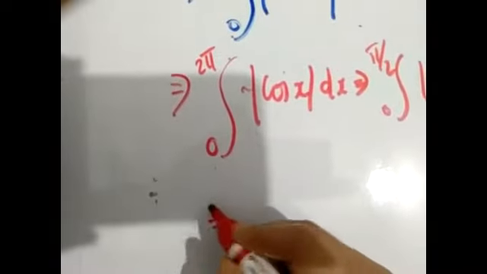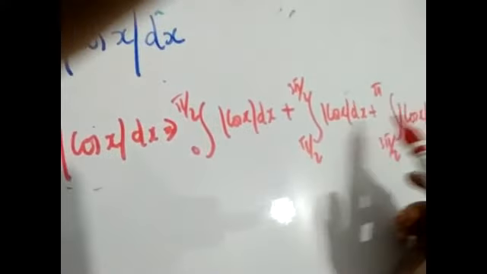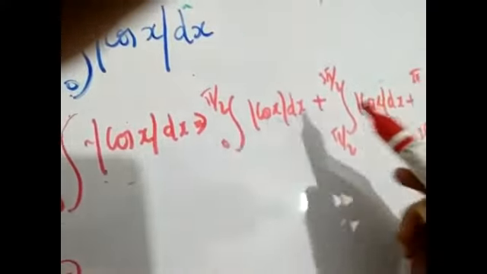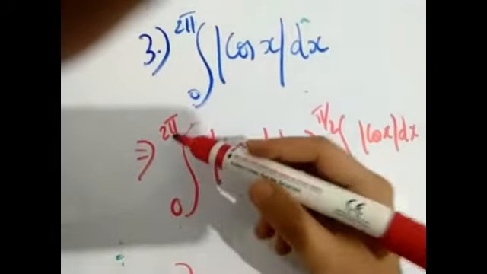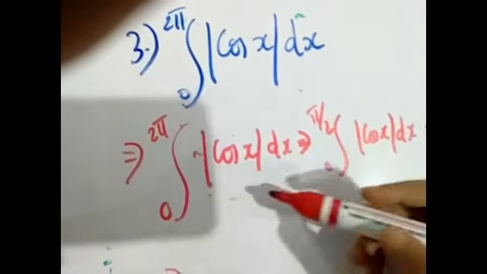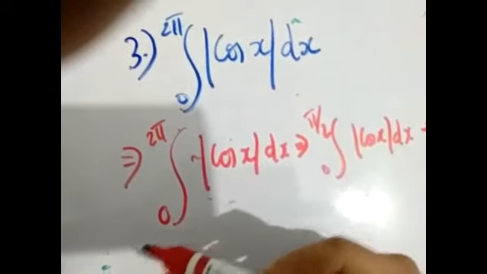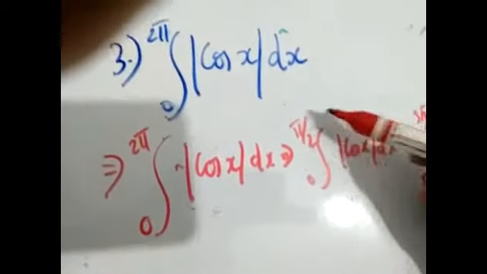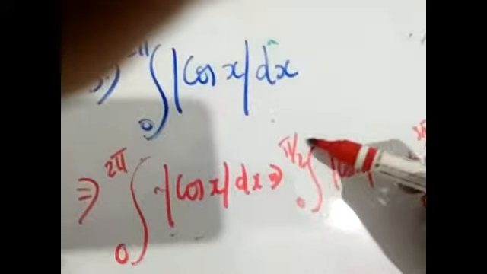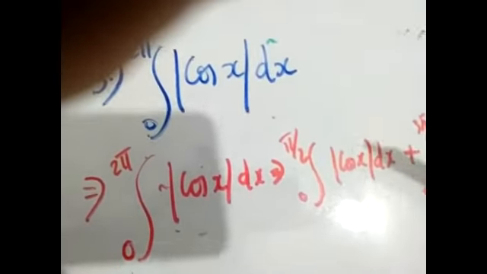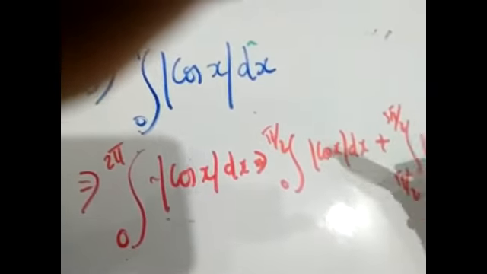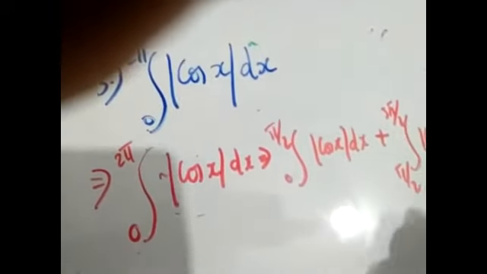So now we need to find out in which of these intervals cos is positive and negative. Between 0 to pi by 2 we know cos x is positive, right? Because it doesn't oscillate over there.